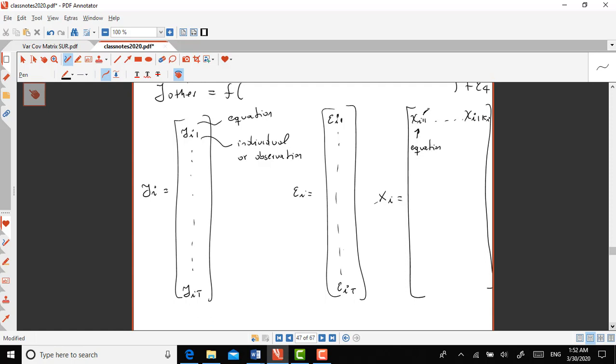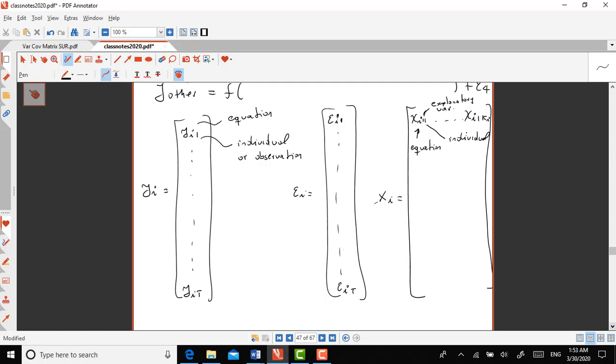The second index is going to correspond to the number of explanatory variables, so this is going to be the first explanatory variable. And the last index will correspond to the individual. Okay?